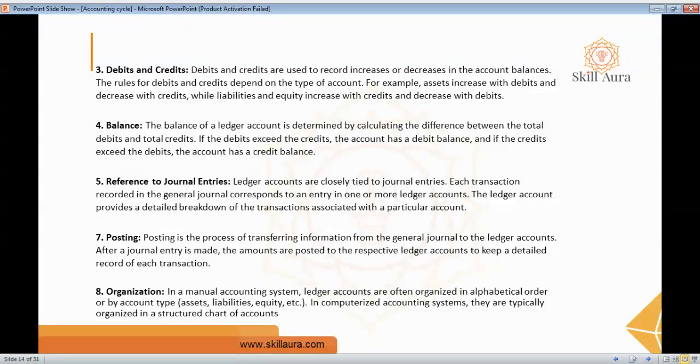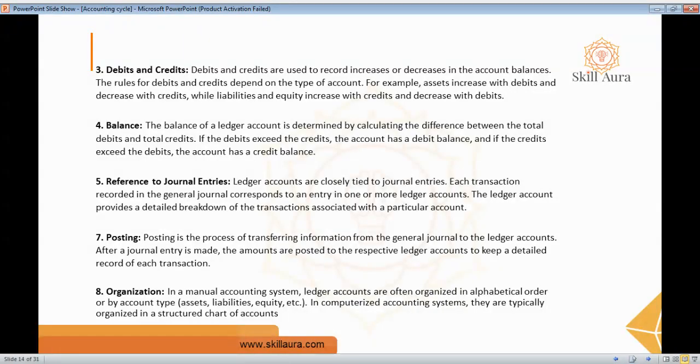The next one is reference to journal entries. Ledger accounts are closely tied to the journal entries. So here, without journal entries, you cannot prepare the ledger accounts. You can't. Without seeing all these transactions and without having a journal entry, you cannot post the ledger entry here.